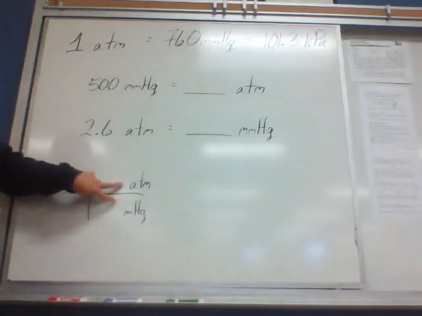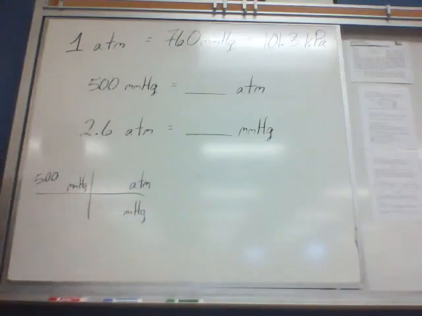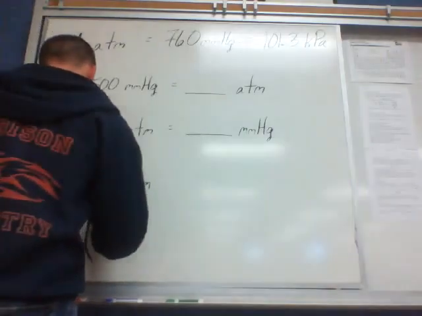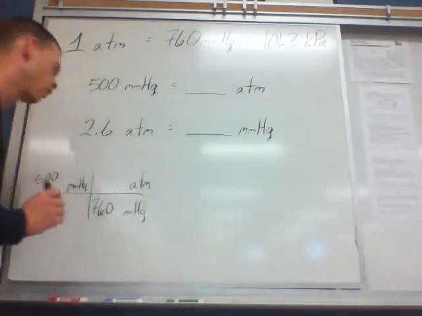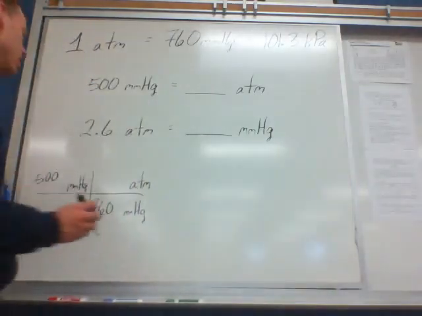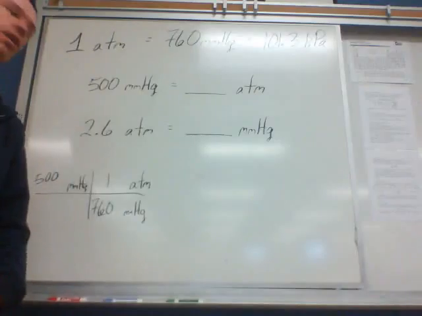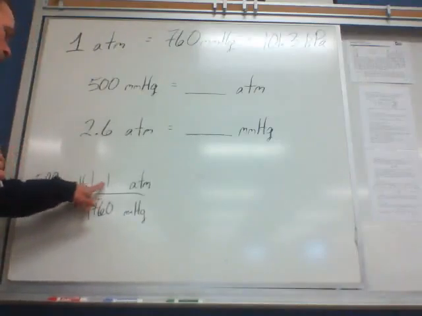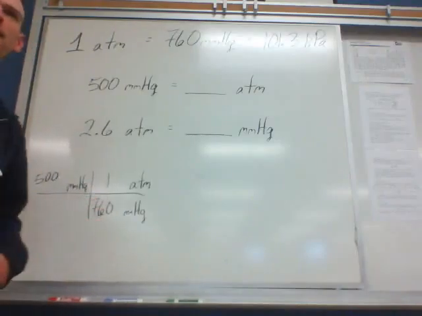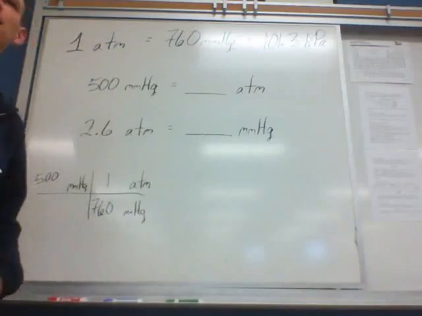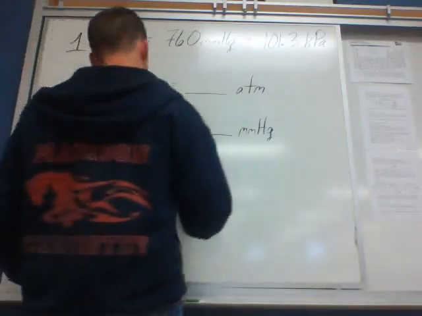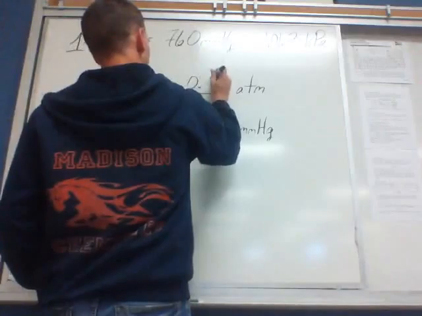My conversion factors come into play in these two squares. The conversion factor for mmHg is 760. The conversion factor for atmospheres is 1. Any questions on anything I've done there? 500 times 1 is 500 divided by 760. Do you get 0.66? Yes.